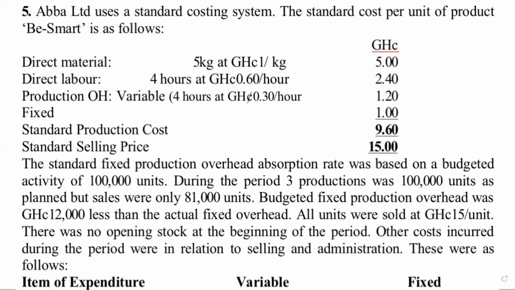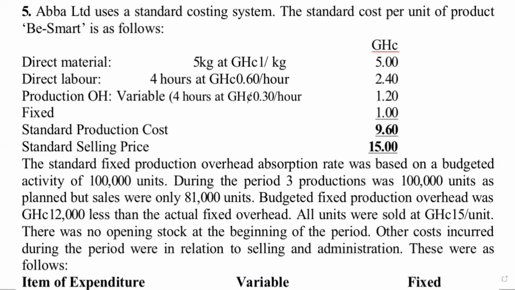Now you continue to say the standard fixed production overhead absorption rate was based on a budgeted activity of 100,000 units. During the period 3, production was 100,000 units as planned, but sales were only 81,000 units.